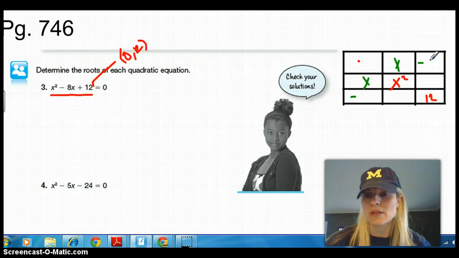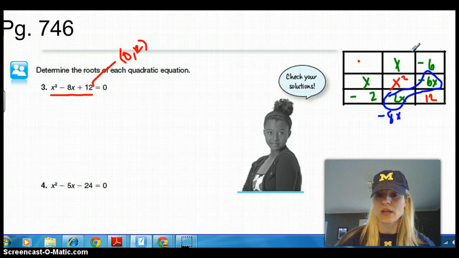So we think about that, that's probably going to be 6 and 2. Negative 2 times negative 6 is positive 12. And then here we have negative 6 times x, that's negative 6x. And here we have x times negative 2, that's negative 2x. And then if we add our middle terms together, the like terms, that gives me negative 8x. So I know I've done that right.